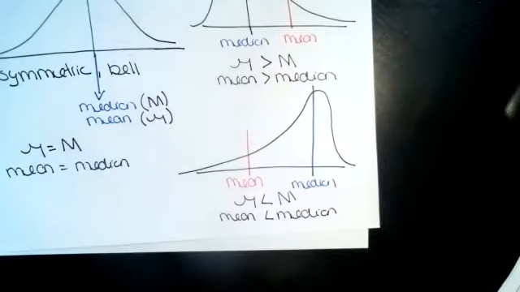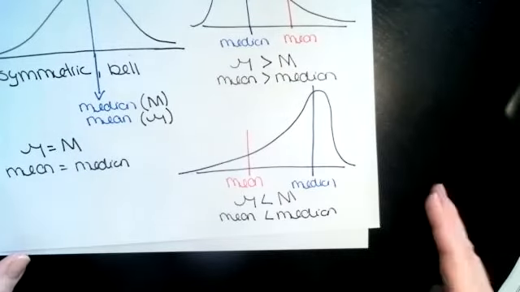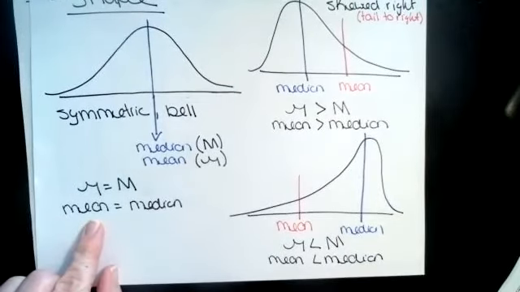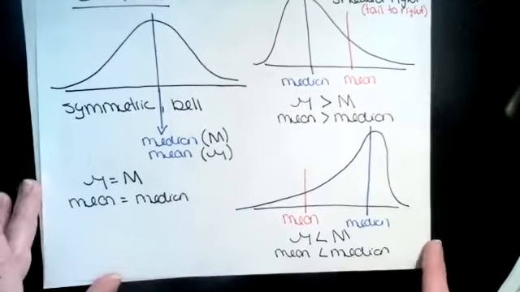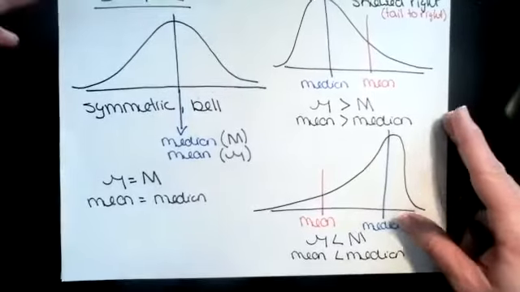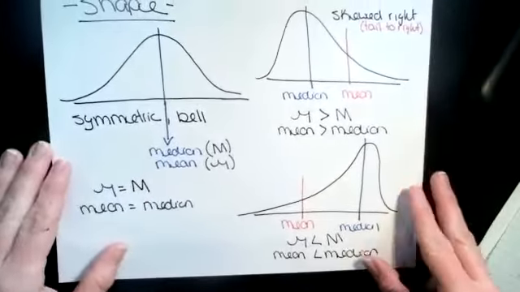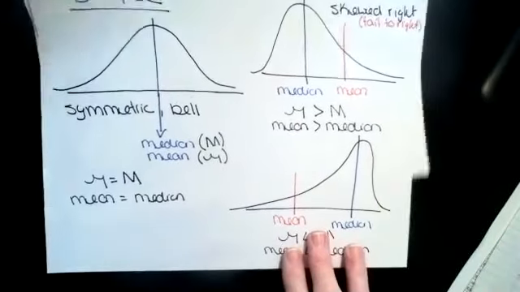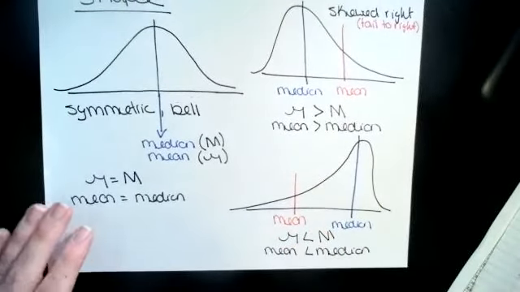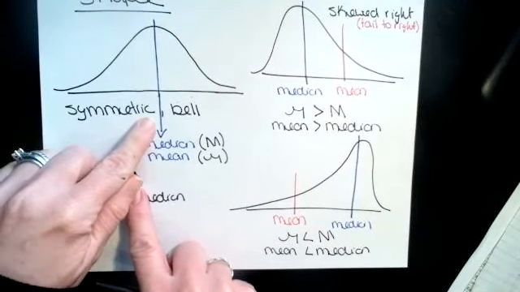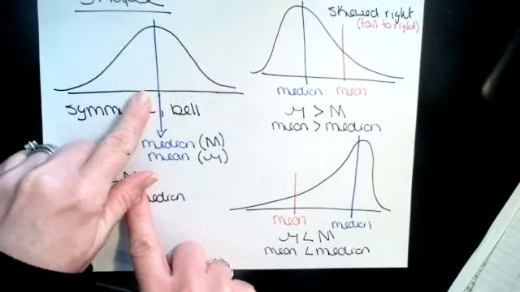So what I want you to see is that we can tell the shape of a distribution by knowing our numerical summaries. I can use these numerical summaries to see what the shape is. So we can see all of it. If the mean and median are fairly similar, then I probably have a symmetric or bell-shaped distribution.